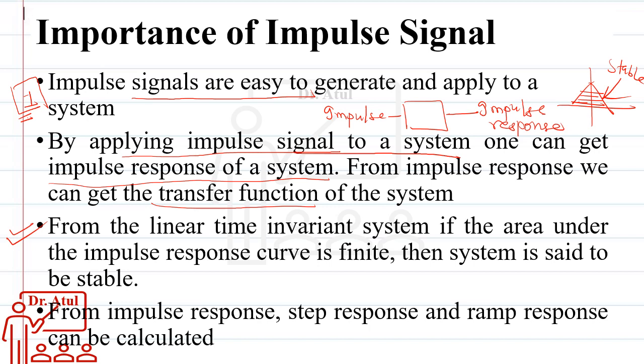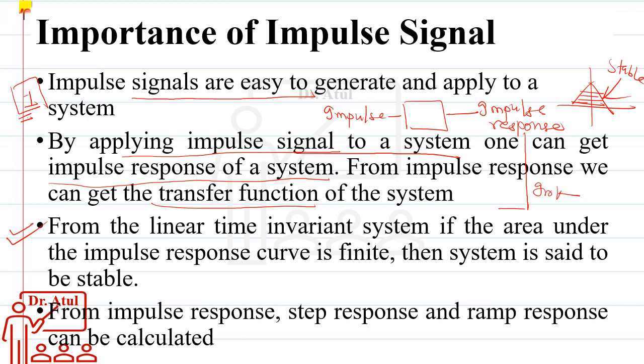And the third one is that step is the integration of impulse, and ramp is the integration of step. Therefore, from the impulse response we can get the step response and the ramp response. It means if you have the impulse response, you just have to integrate.